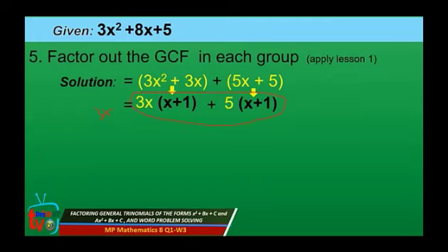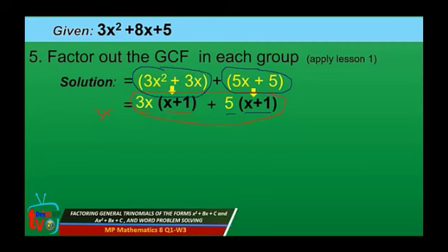To make sure that your factors are correct, check by multiplying 3x and the quantity x plus 1 if it is equal to 3x squared plus 3x. You do the same with 5 and the quantity x plus 1 if it is equal to 5x plus 5.